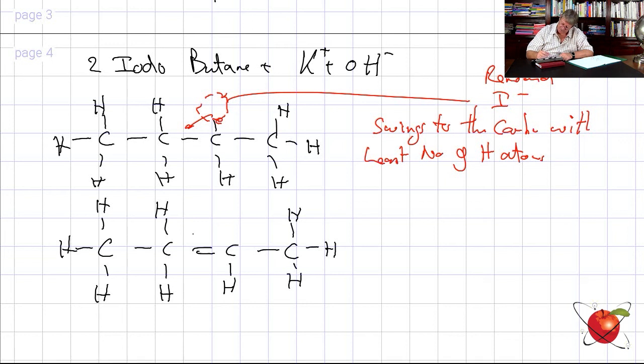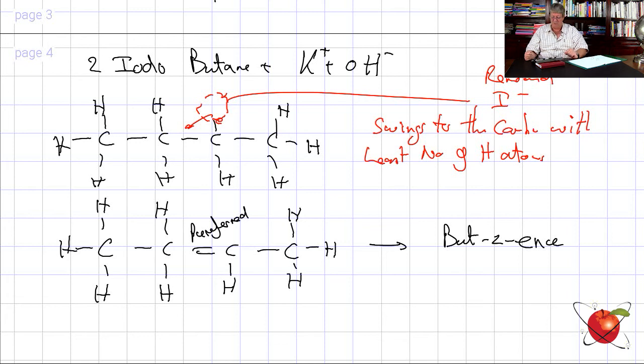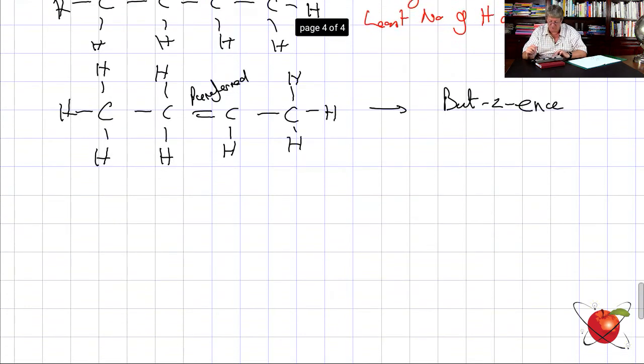This is preferred, according to Zaitsev's rule. Generally speaking, what is this? It's an ene, because of a double bond: meth, eth, prop, but, and it's going to be but-2-ene that is produced generally. That's what we prefer to produce, all right?